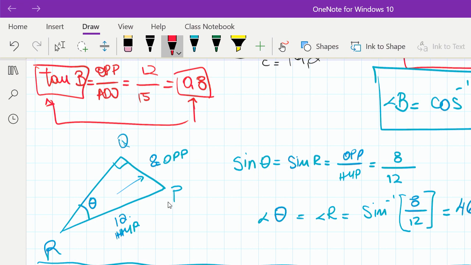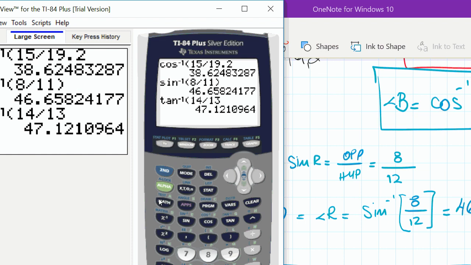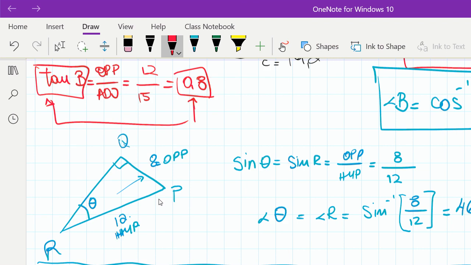And from here, angle P will be inverse tangent of 14 over 13. Then in your calculator, you go inverse tangent 14 divided by 13, and this will be 47.1 degrees.